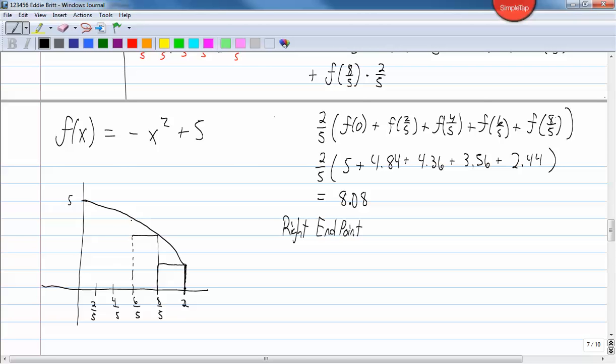In this rectangle, we use the height on the right side.